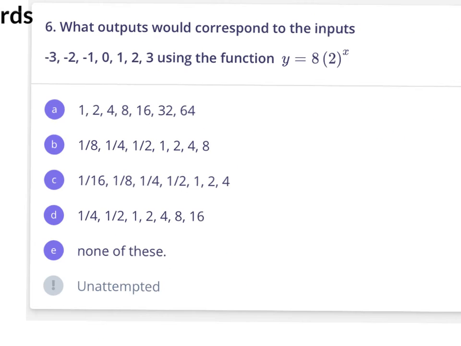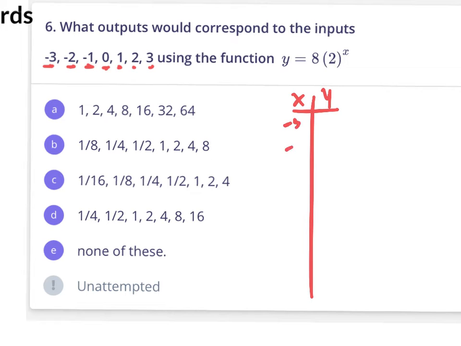Moving on. So what outputs would correspond to the inputs -3, -2, -1, 0, 1, 2, 3 using the function y equals 8 times 2 to the x? Well, guys, if we were graphing, what were we doing? We were coming up with the xy table, and I did ask you to please use consecutive integer inputs the way I have right here, -3, -2, -1, 0, 1, 2, 3.